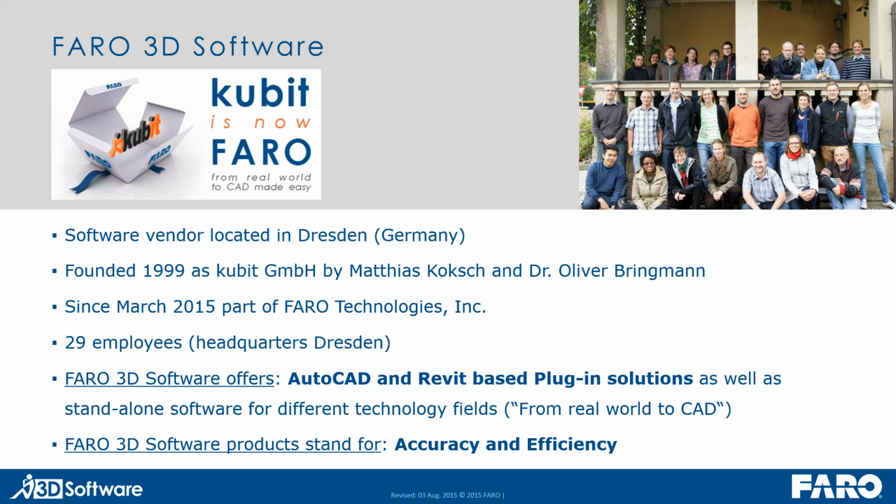Here in Dresden, we are about 30 employees, and we offer AutoCAD and Revit-based plug-in solutions, as well as standalone software for different fields of application. Our products stand for accuracy and efficiency.